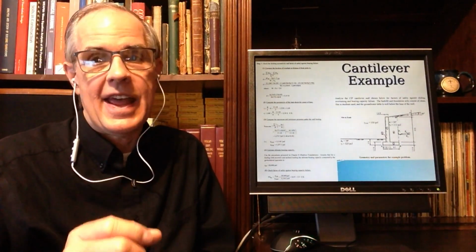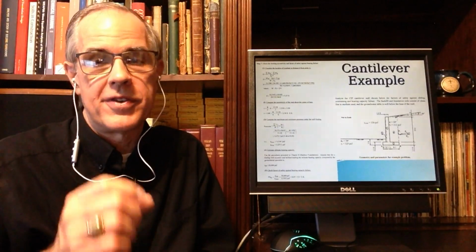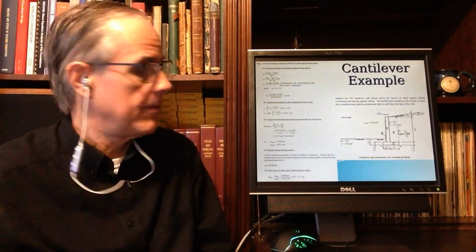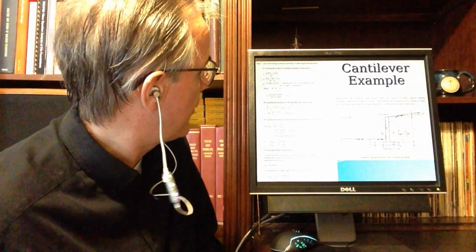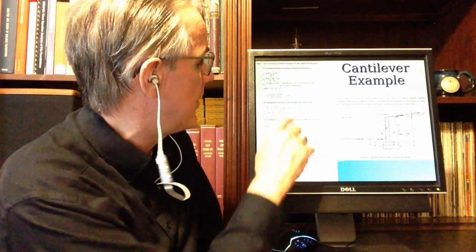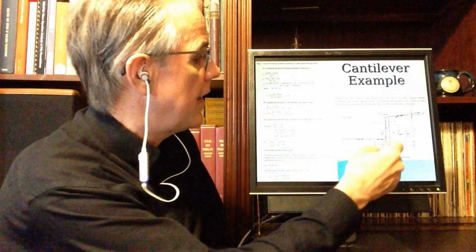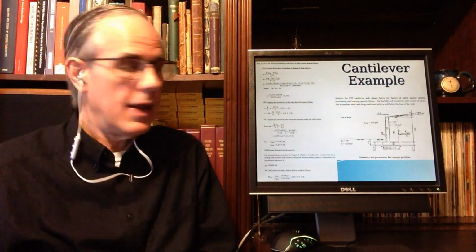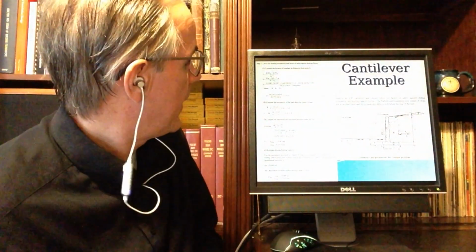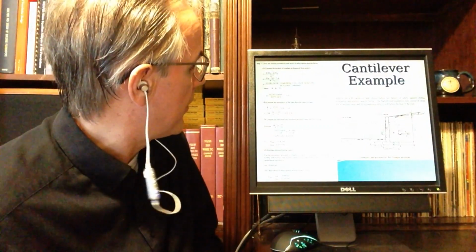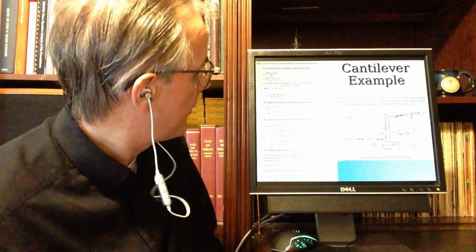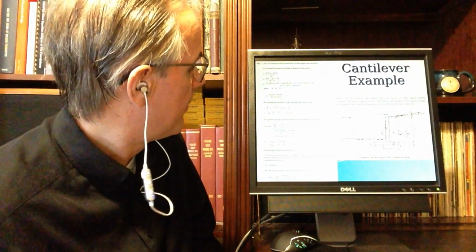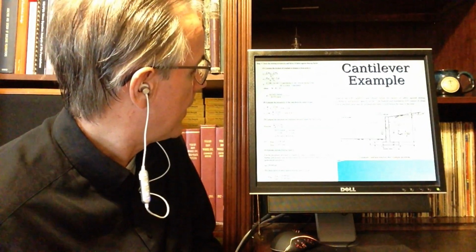As long as that is below B over 6, we're in business. That's exactly the computation shown. The distance from the centroid to the actual resultant is 1 foot, and 1 foot is lower than B over 6, which is 2.18. So therefore, it's okay.